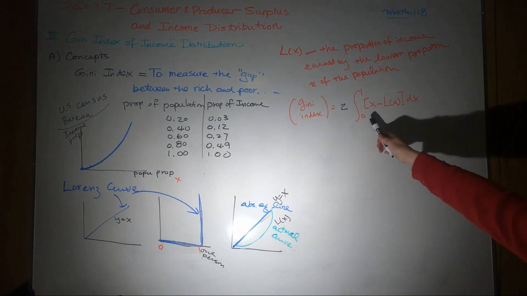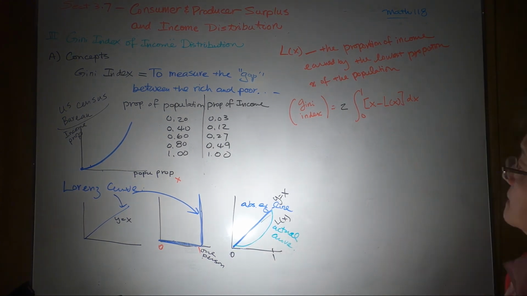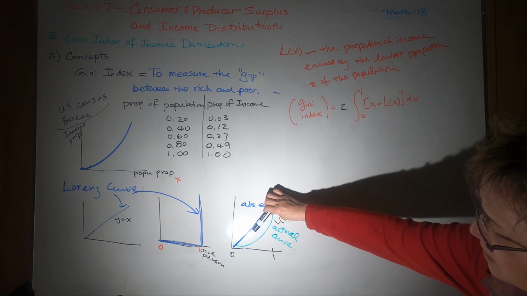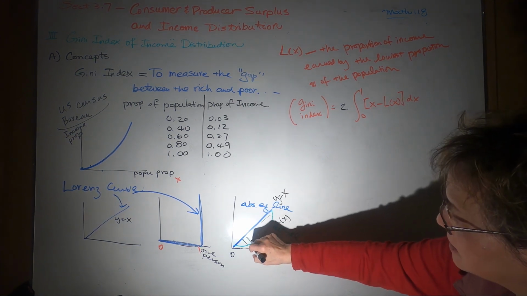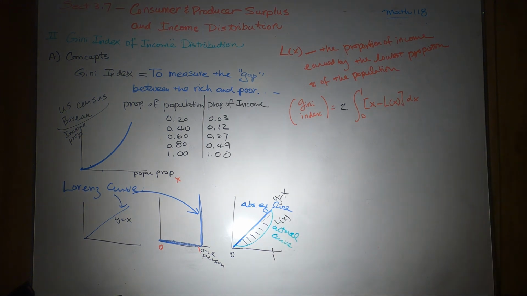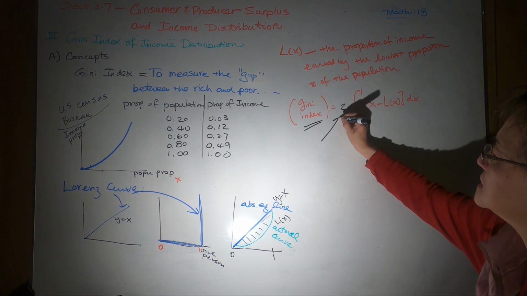If we find it between 0 and 1, then the top curve minus the lower curve would be the area between the two, right? From the calculus concept we learned in previous sections. Then they multiply by 2. That's however it's given.